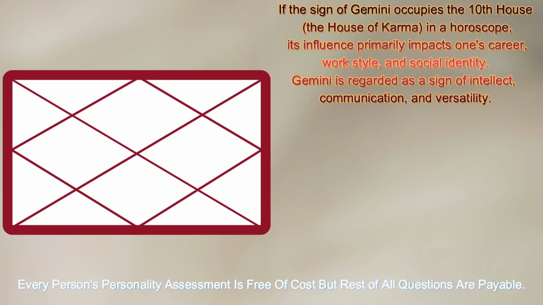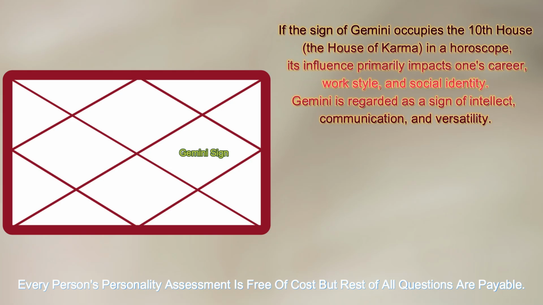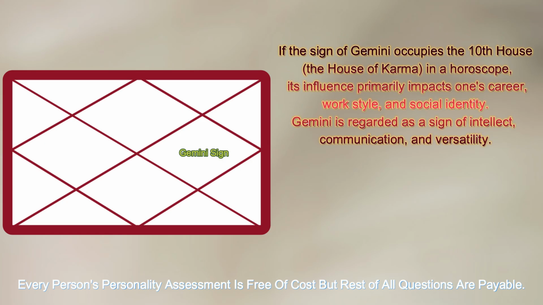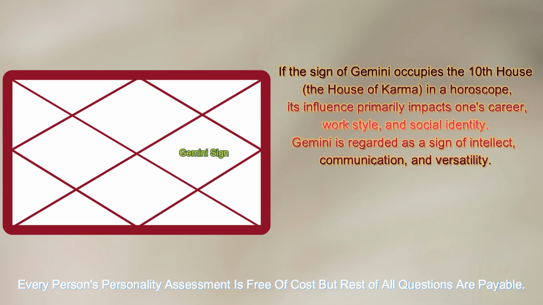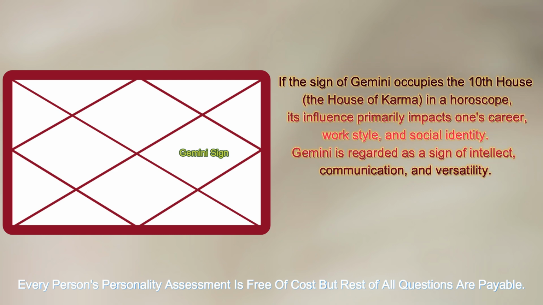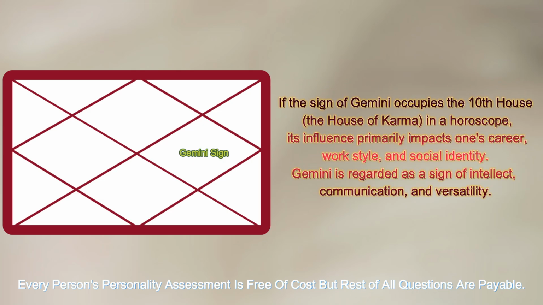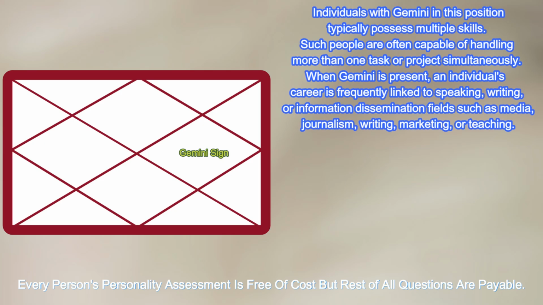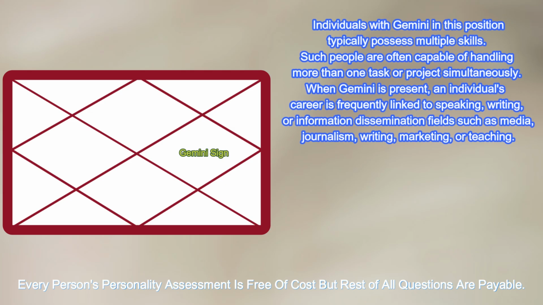If the sign of Gemini occupies the 10th house, the house of karma, in a horoscope, its influence primarily impacts one's career, work style, and social identity. Gemini is regarded as a sign of intellect, communication, and versatility. Individuals with Gemini in this position typically possess multiple skills.